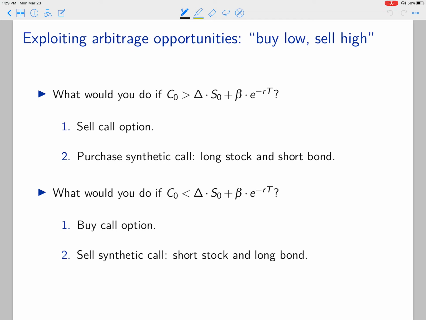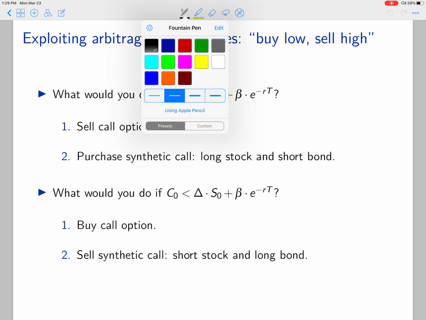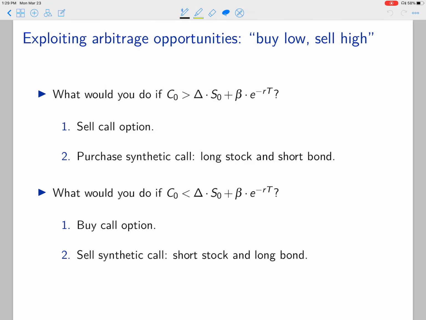So we've learned so far that the price of the call option should equal the price of its replicating portfolio, where the replicating portfolio is comprised of delta shares of the stock and beta shares of the bond.